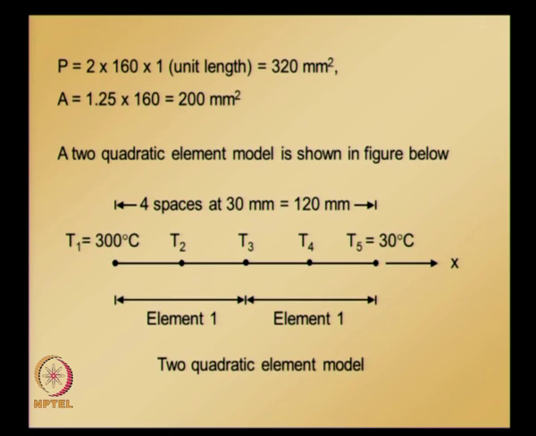T1 is given from the problem, it is given as 330 degrees centigrade. Here in the figure there is a typo, it should be 330 degrees centigrade.